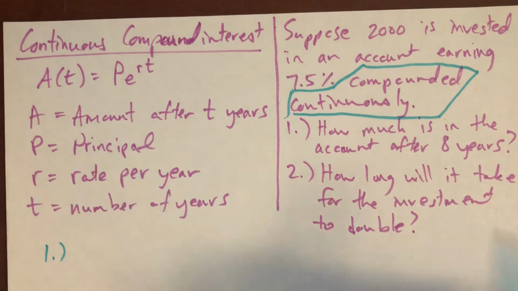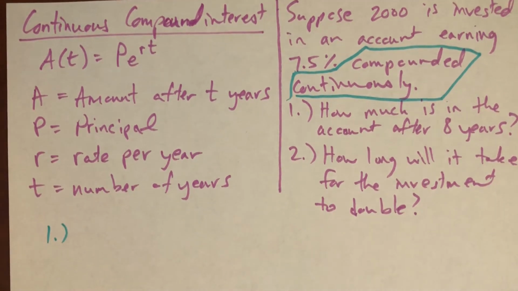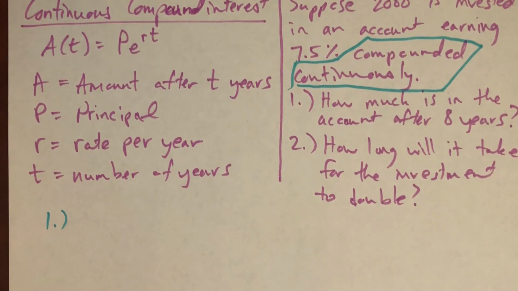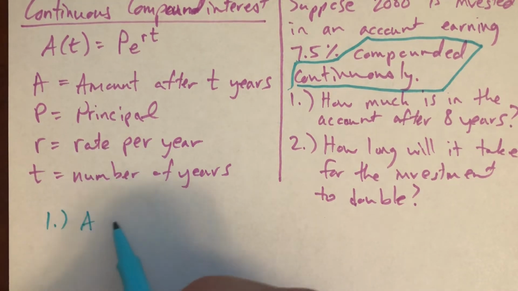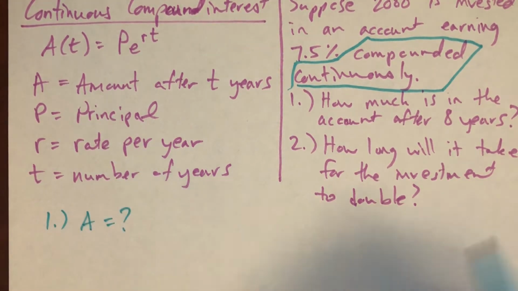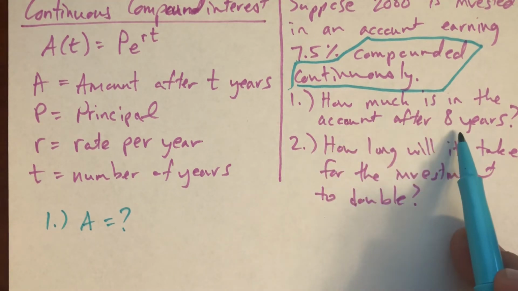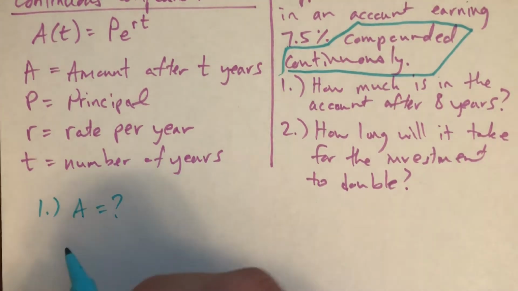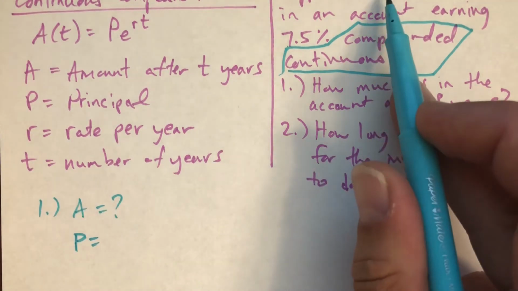Okay, well, let's do this the same way we did the other problems on regular compound interest. Let's just identify all these variables. So for the first one, A, this is what we want, right? How much is in the account after 8 years? So we don't know what that is. Our principal, we do know. That's 2,000.